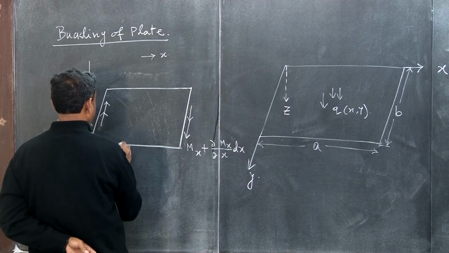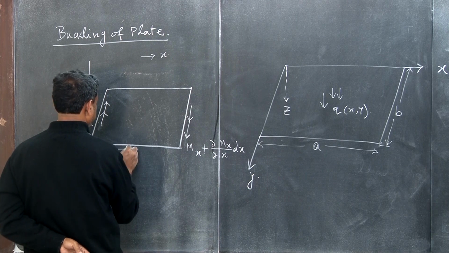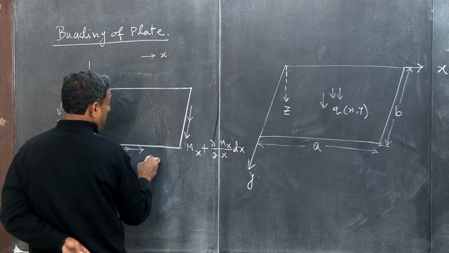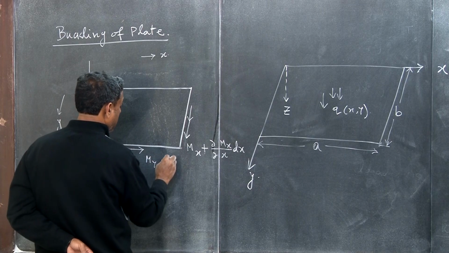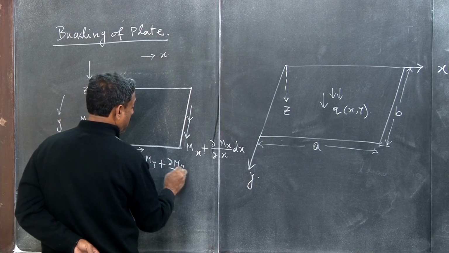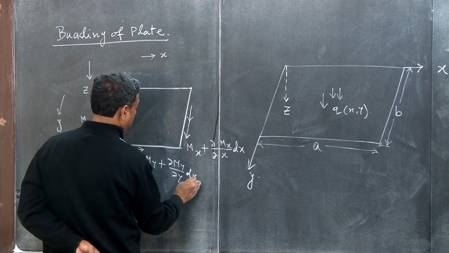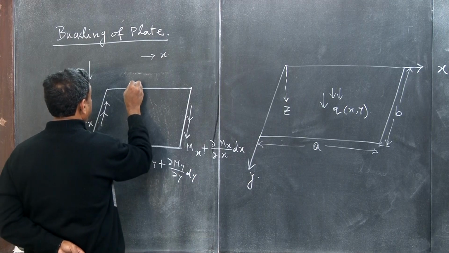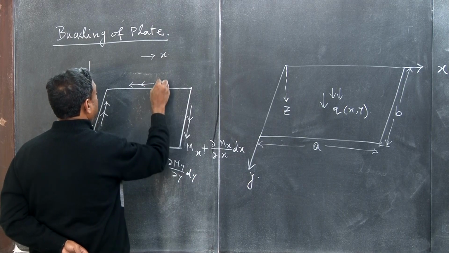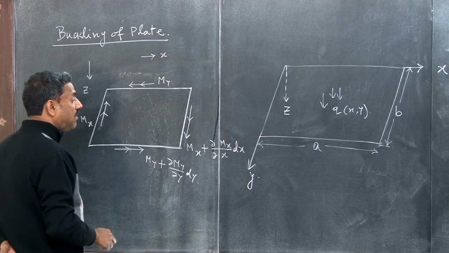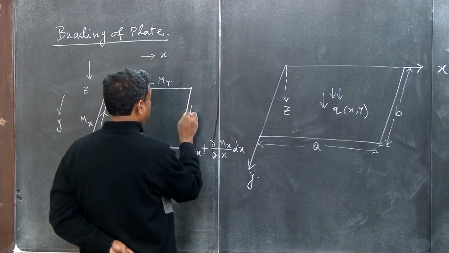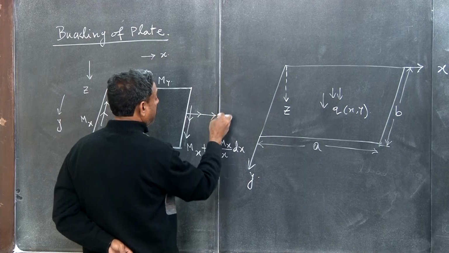Similarly, here it is My plus del My by del y dy, and here it is My. Then we also give the torsion, right?